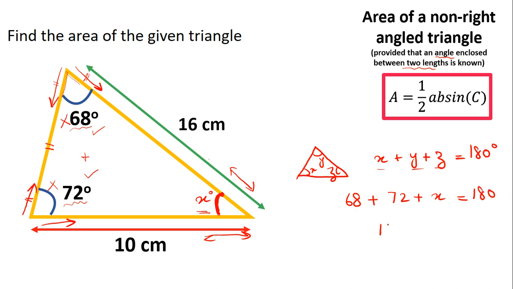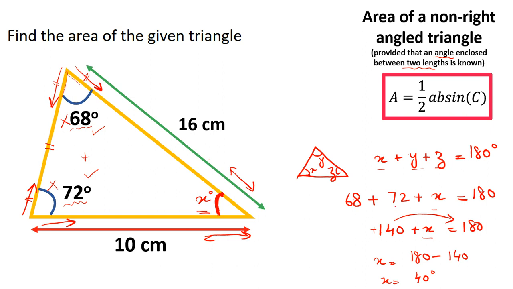Then 68 plus 72 gives me 140, plus x equals 180. To isolate x, I take the 140 to the other side as negative 140. So x equals 180 minus 140, which gives me 40 degrees.